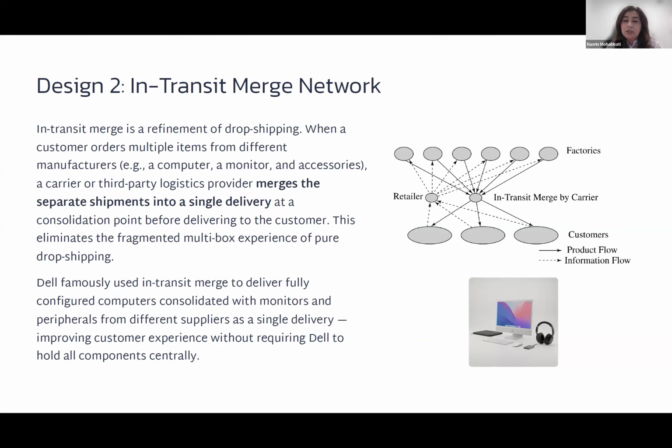This way, the system can reduce the transportation cost. Instead of sending three different packages separately to the same customer, they are just sending one package, merging all that. Again, carriers such as UPS and FedEx do this for many different businesses.